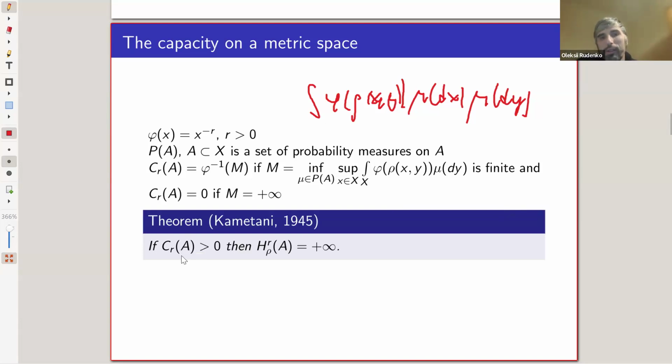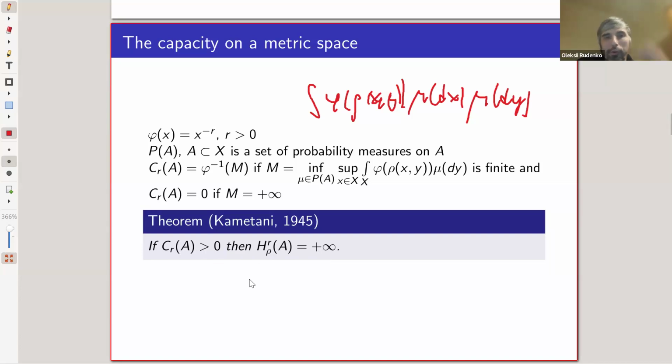For me, it is important that this capacity is related to the Hausdorff measure. For example, Kamitani proves that if capacity is positive, then the corresponding Hausdorff measure is infinite. And there is a reverse theorem, but I cannot formulate it because it is not general.